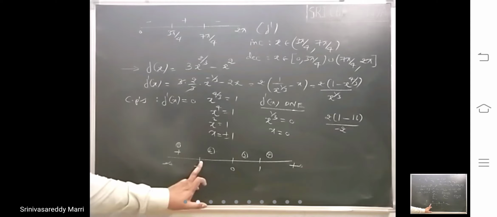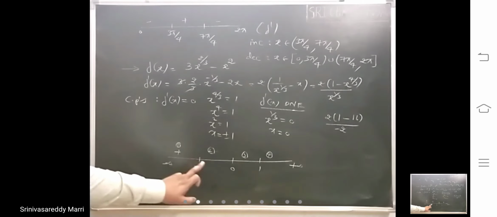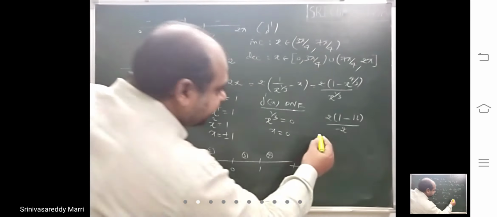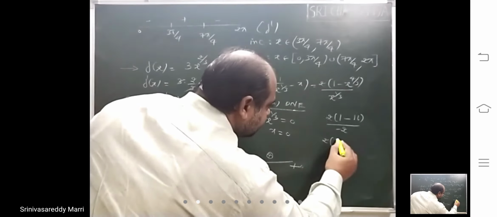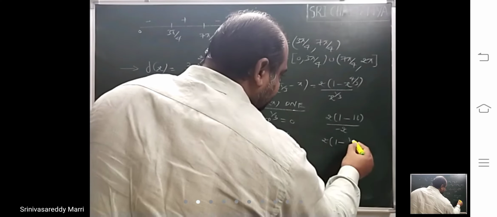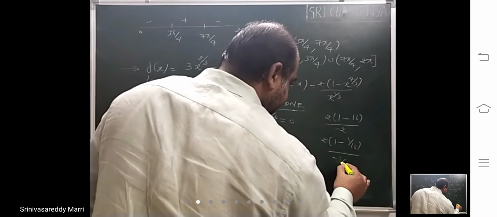Similarly, in this interval you substitute one value, minus 1 to 0. For convenience, I will substitute minus 1 by 8. Minus 1 by 8 means minus 1 by 2 whole cube. Minus 1 by 2 whole power 4, divided by minus 1 by 2.